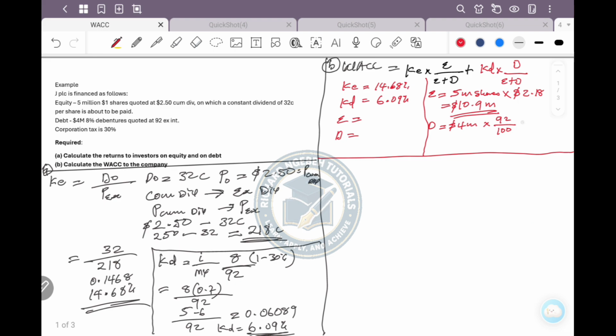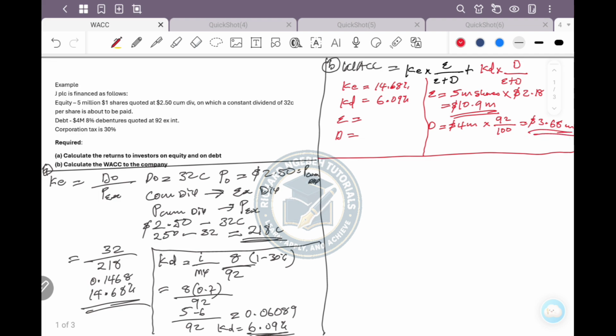So when you solve this one, you'll be able to get 92. That is 0.92 times $4 million. So it's gonna give you 3.66868 millions.